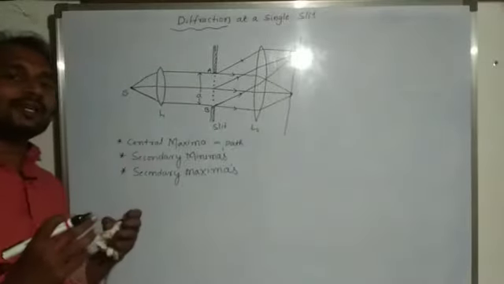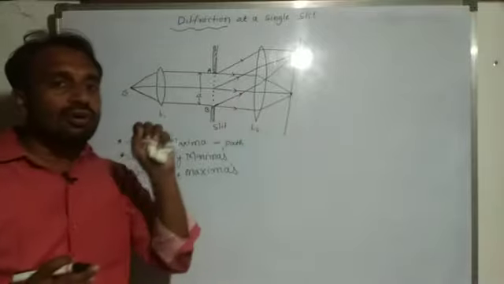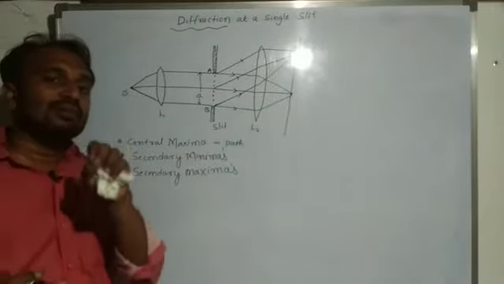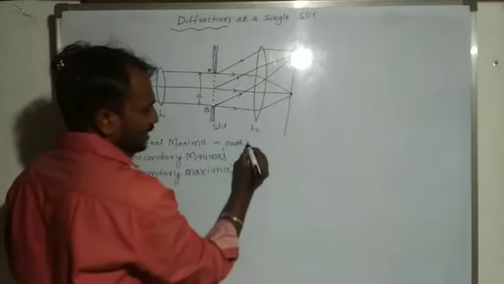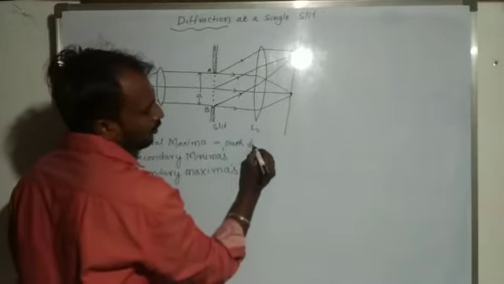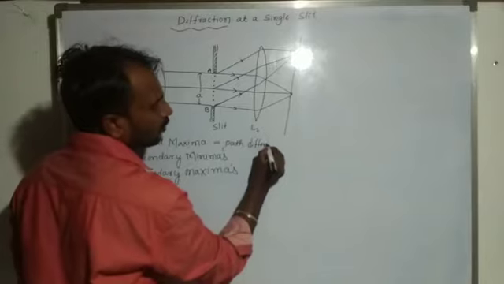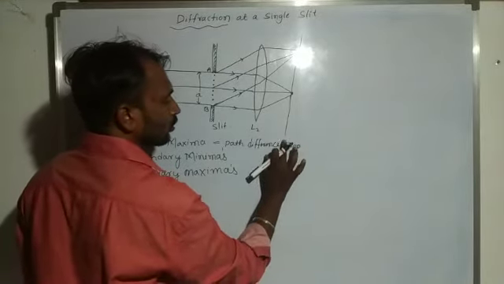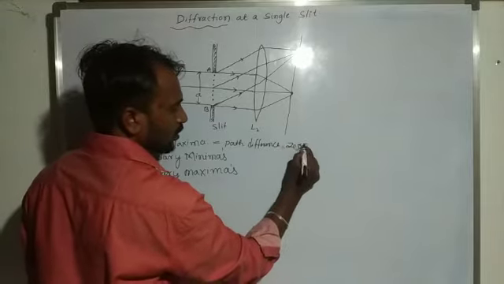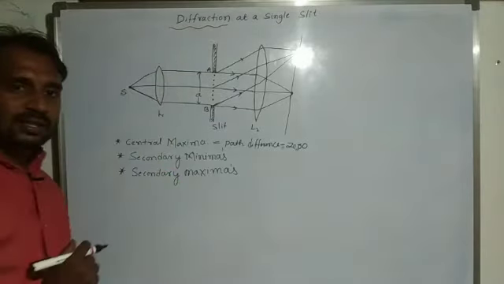So at the center we always get a maximum intensity band, a bright band. That is what we consider the central maxima, where the path difference is zero.